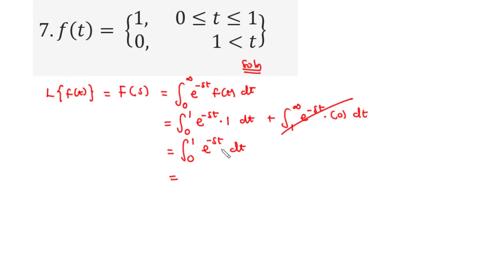Now let's try to integrate this. When you integrate this, you maintain that, and then you differentiate the exponent with respect to t, and you have negative s.